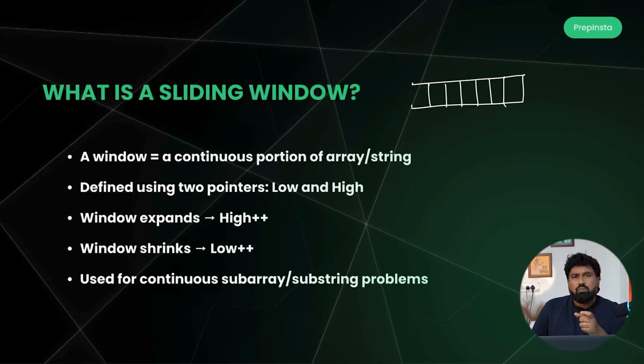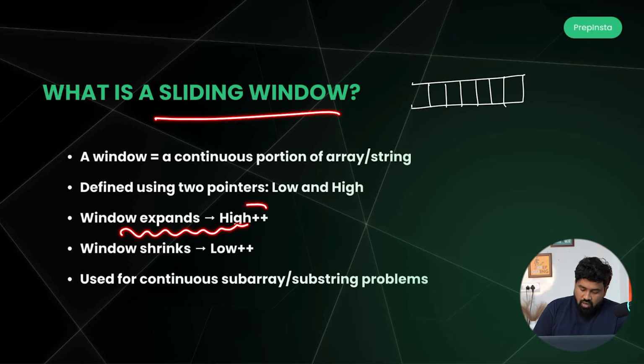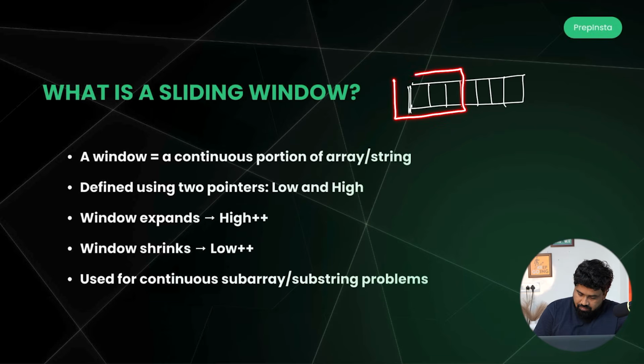I don't explain all the low values and high values in this video. Next, to expand the sliding window, you have to increase the high value. For example, here we have a window size of 3. If I want to pick 4 elements, then I have to increase the window size, which means I have to increase the high value, so high plus plus.